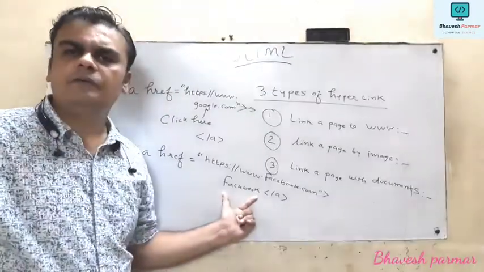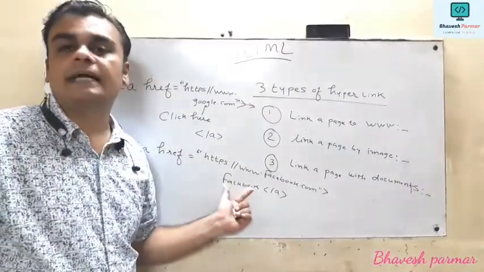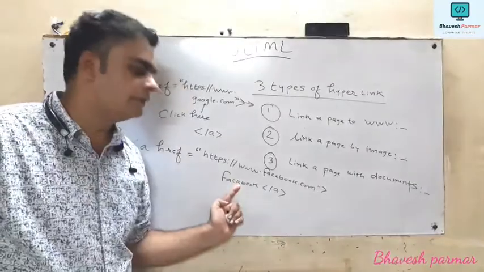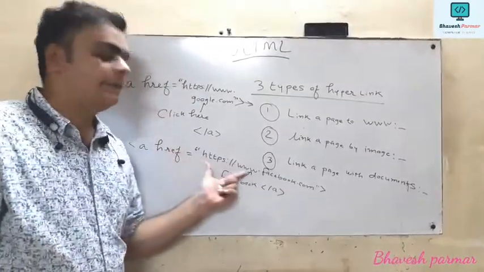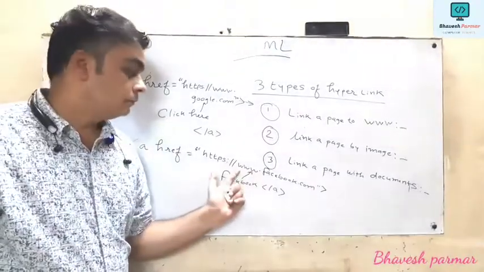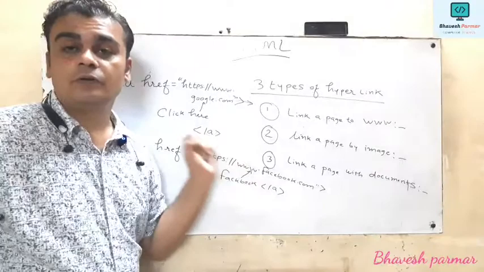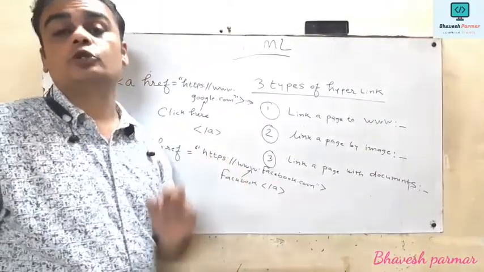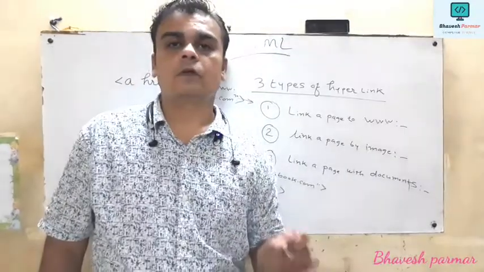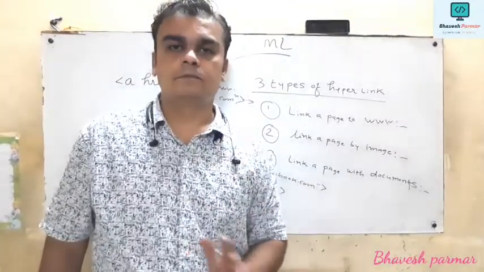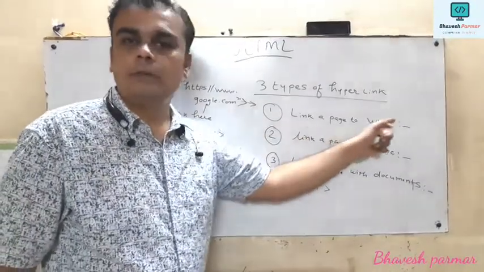So guys, you can mention any kind of text. This text works as a hyperlink, meaning whenever I click on this text, it will open this hypertext reference path. But note guys, this address should be proper. If you do not mention it properly, it will show you an error message, page cannot be opened, or a connectivity problem. So this is the example related to link a page to www.